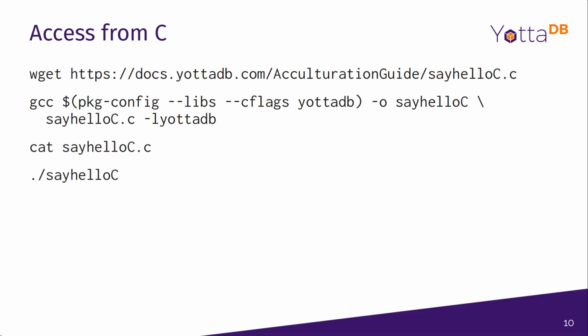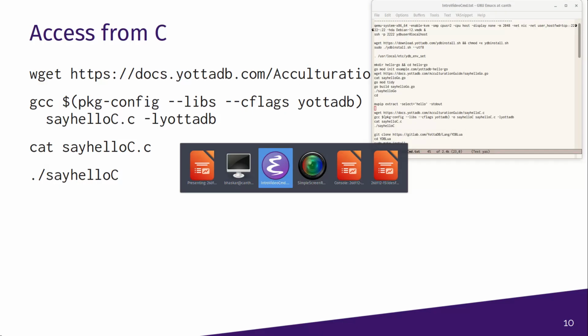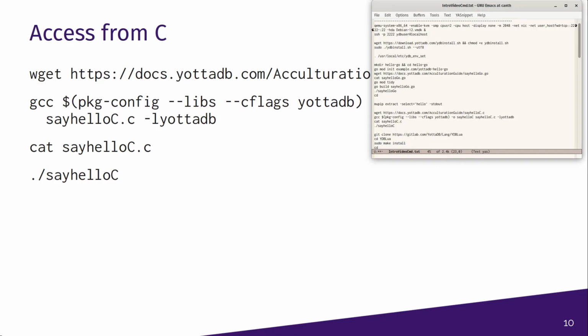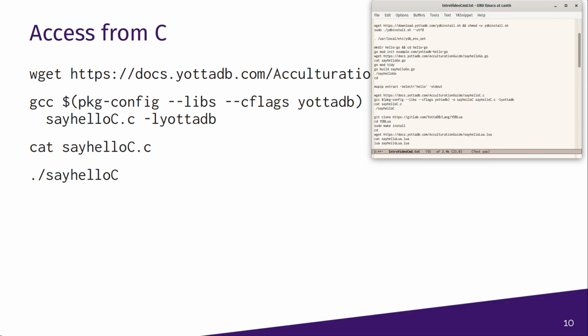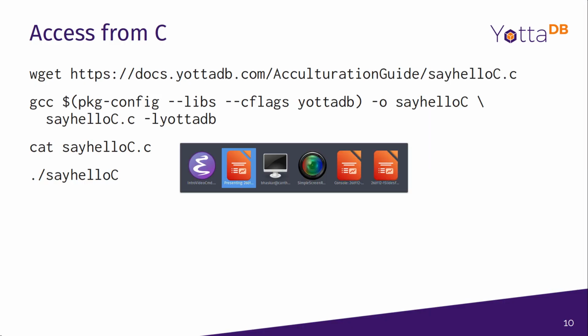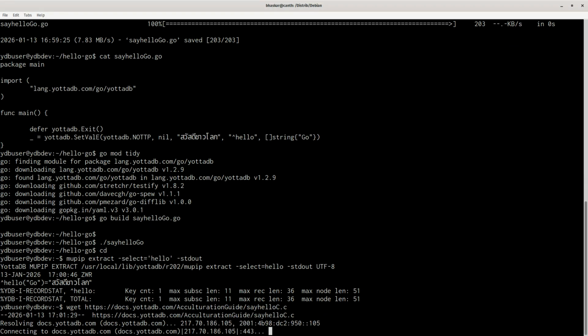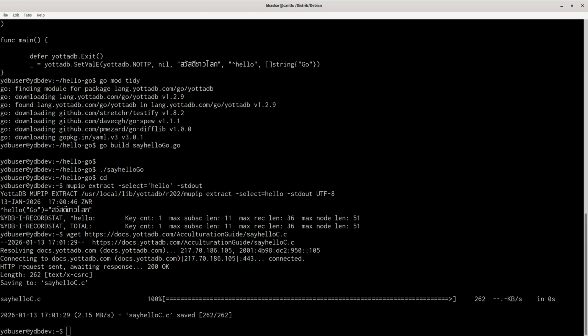Okay, so let's access it from C. C is, of course, the lingua franca of computing, and the accesses, as you can see, are essentially intuitive to programmers in each language. So we get the C program.